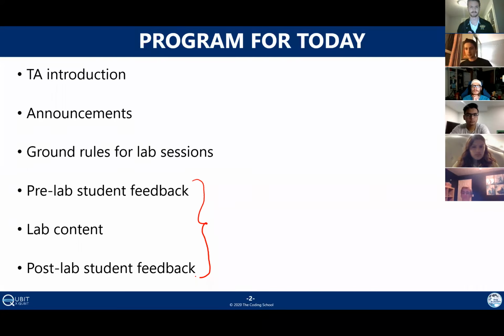It'll be a ranking preference form where you say how well you understood the content. That's just so that I can gauge what level we're all at and sort of tailor how fast and how much content I go through today. Then we'll do the lab content itself. And then finally, we'll have an identical feedback form right at the very end to gauge, hopefully, whether your understanding of the content has improved over the course of the lab. And we just want to understand exactly how that works.